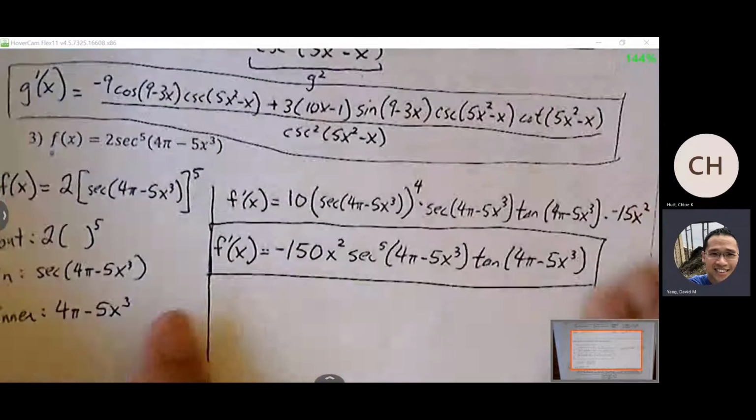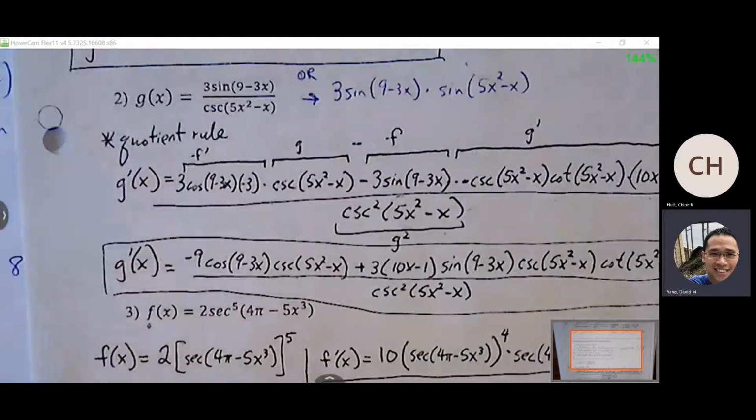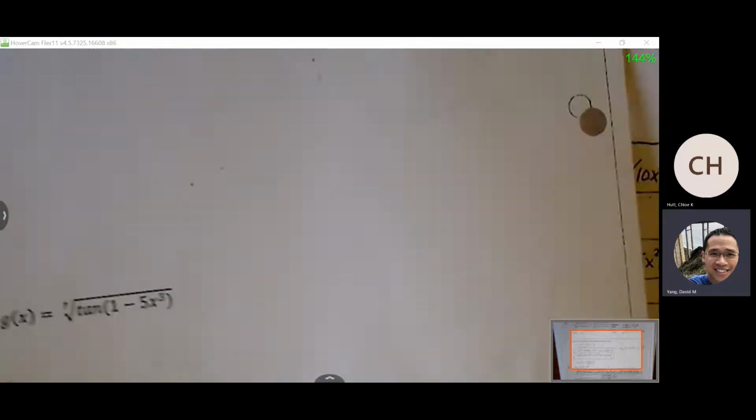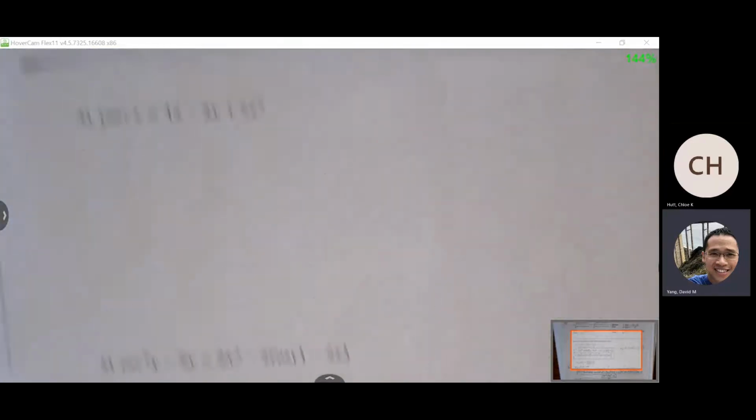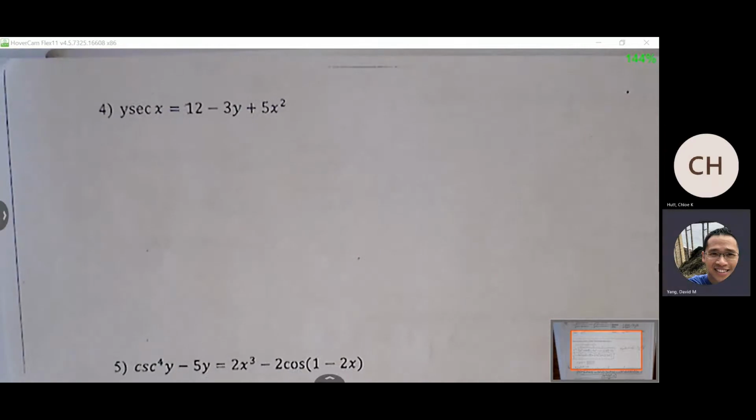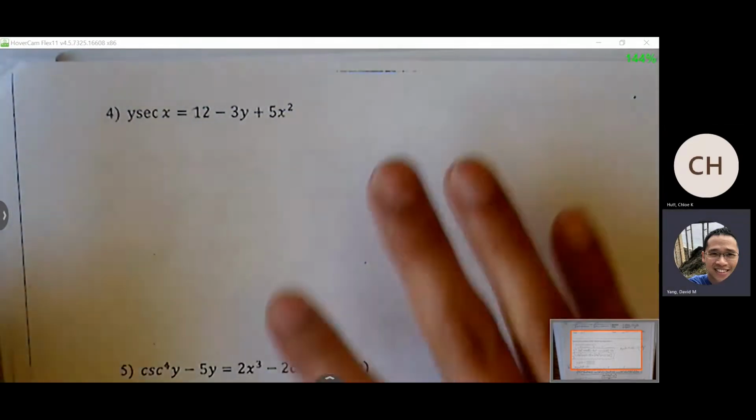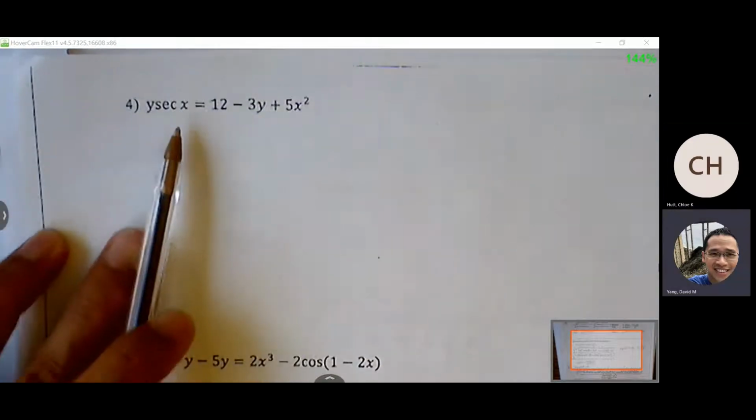Okay, moving on to number 4. What do you guys see here?